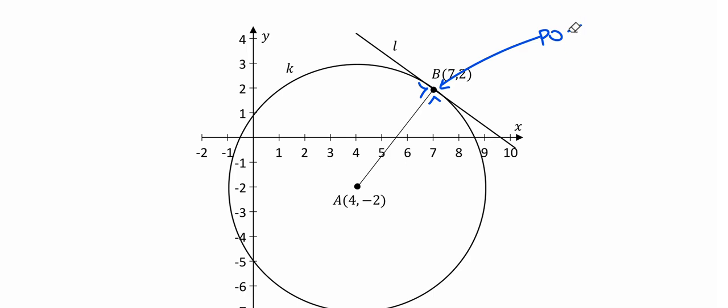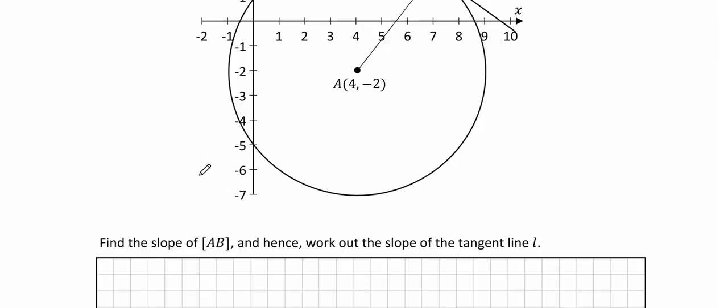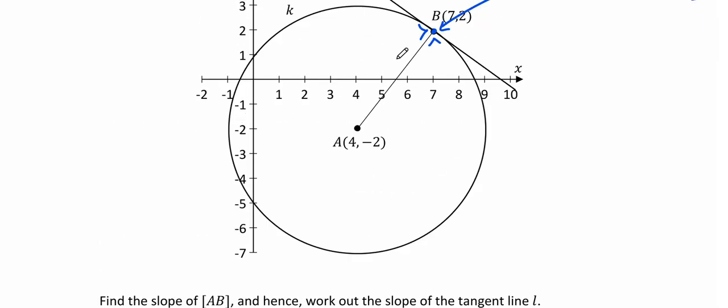Point of contact is a more formal name, I think, than point of intersection, between where a tangent line and the point on the circle is. But that line from the centre to that point of contact will always be at right angles to your tangent line. So we are now asked to find the slope of AB.